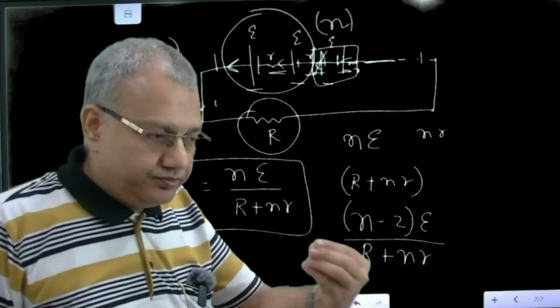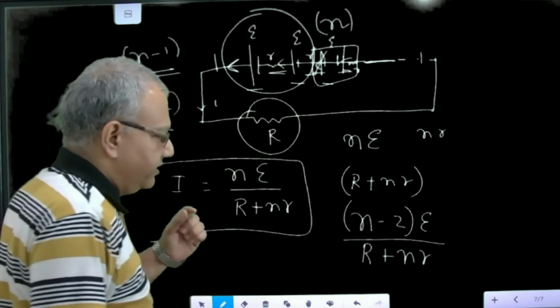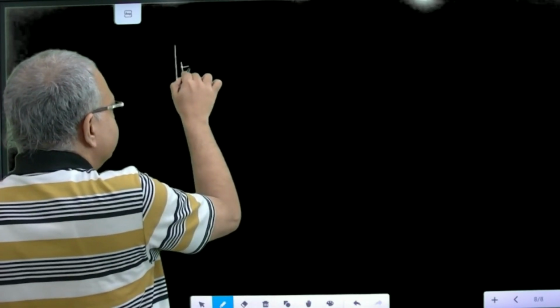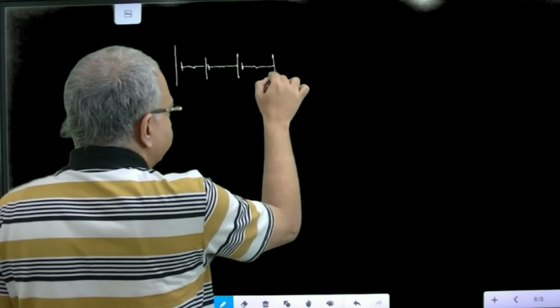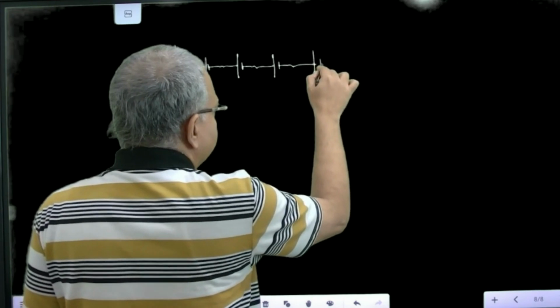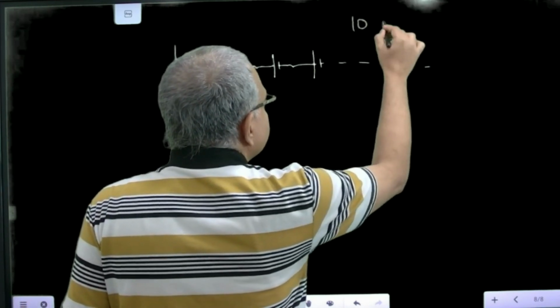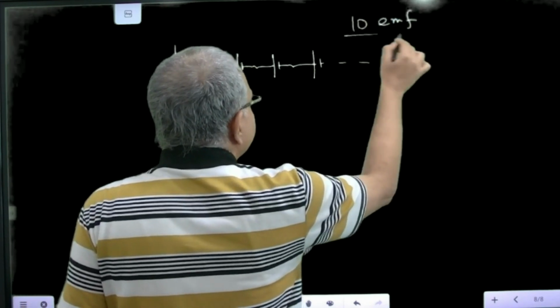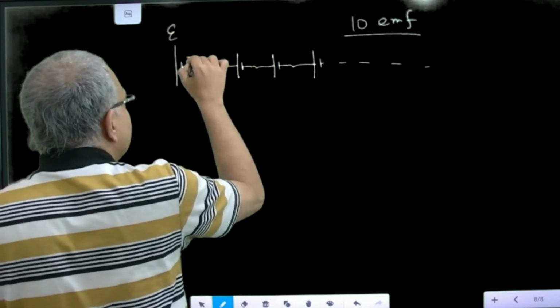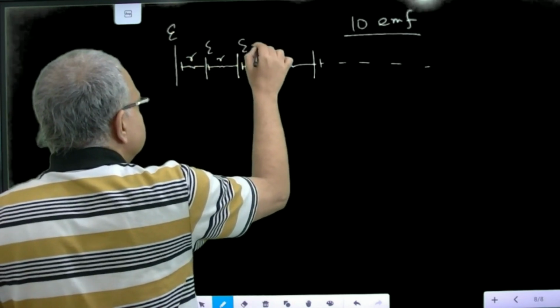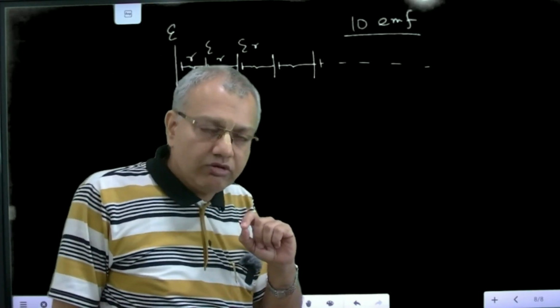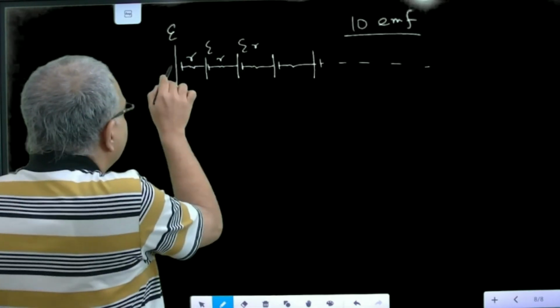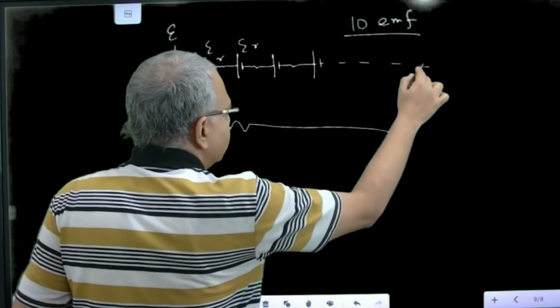Let's take one example like this. I'm going to have 10 EMFs: 1, 2, 5, dot, dot, dot, 10 nodes. Each and every one has R. Now what I've done is connected the external resistance.